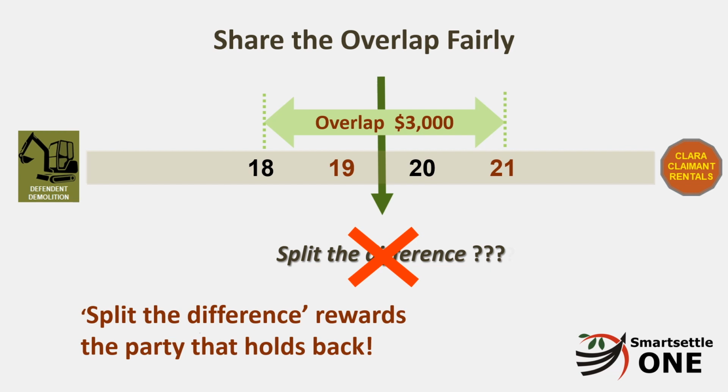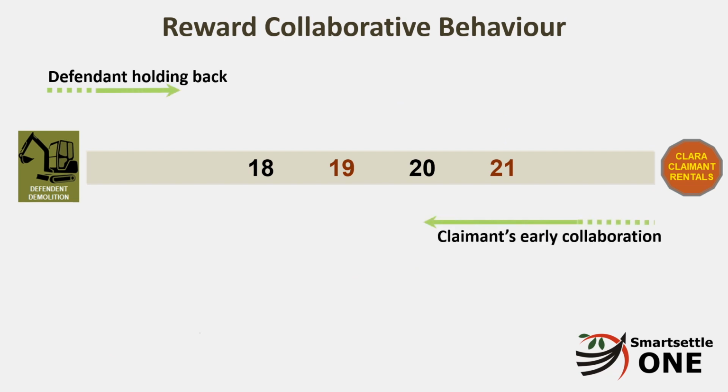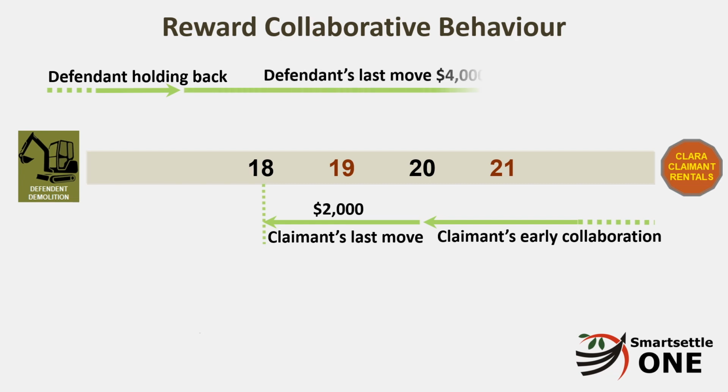In contrast, Smartsettle's algorithms do not reveal the other party's secret bids and actually discourage holding back by rewarding collaborative behavior. While defendant was holding back, claimant's proactive collaboration enabled her to enter the ZOPA sooner. Claimant then made a modest move and announced final session, which caught defendant off guard, ultimately requiring them to make a larger concession. This resulted in the overlap of $3,000.